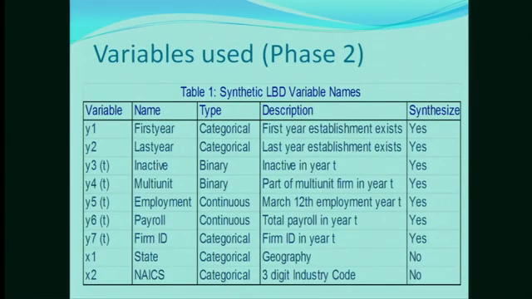Okay? Whether they're part of a firm or not, that's multi-unit, like the local McDonald's establishment is part of the McDonald's firm. Okay? Then again, annual employment, and so we do this sort of 1 year at a time, conditioning on the previous years.